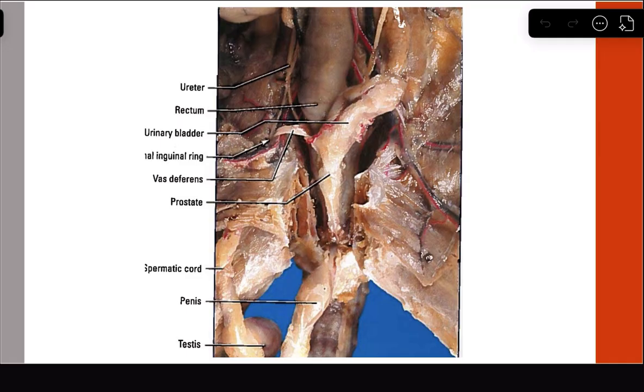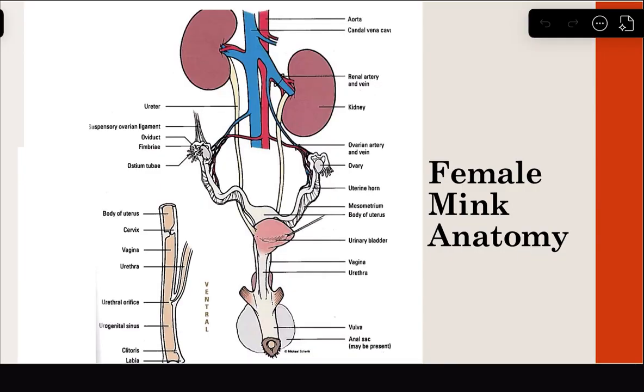Okay, and we can do the same thing with the female mink anatomy. Granted, this is maybe a little bit harder to identify some of the landmarks, but that means you can just use the absence of certain landmarks to your advantage, right? The lack of testes, the lack of an elongated spongy urethra, the lack of a penis, right?